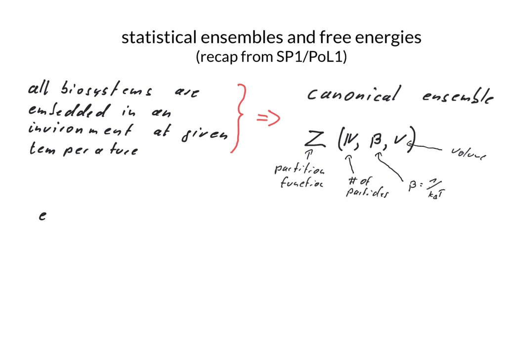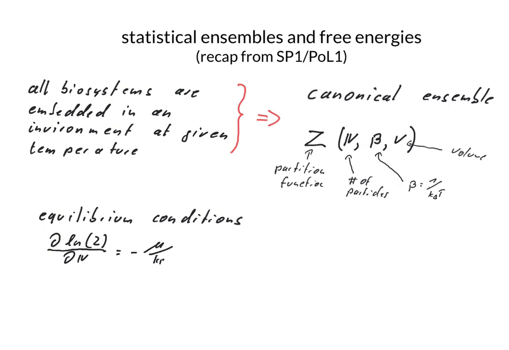Now, given such a system, we learned in statistical physics what are the equilibrium conditions between two separate systems that you bring together. The first is the chemical potential mu. The chemical potential is defined by the log derivative of the partition function with respect to the number of particles N, and this derivative is equal to minus mu over kBT.